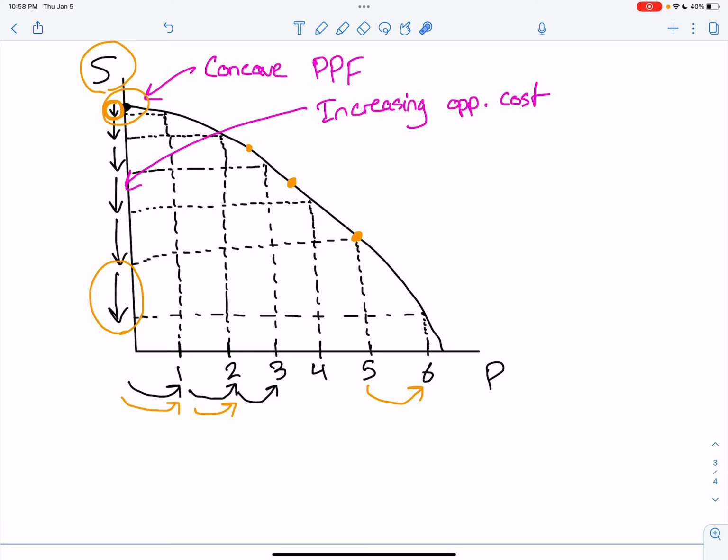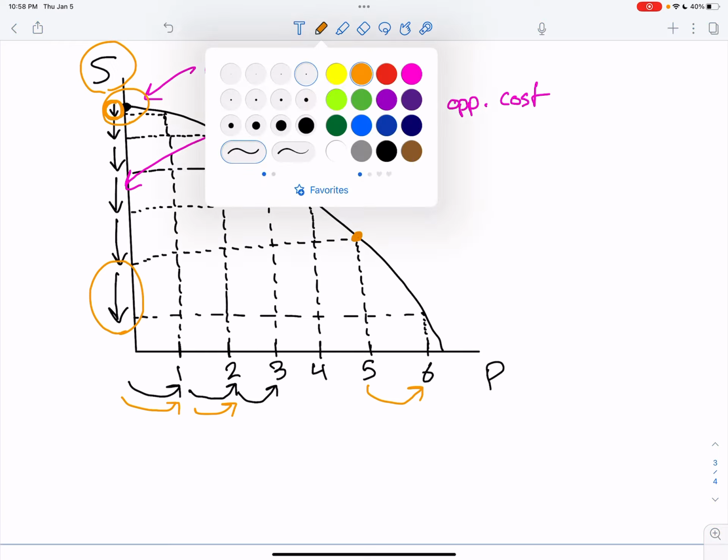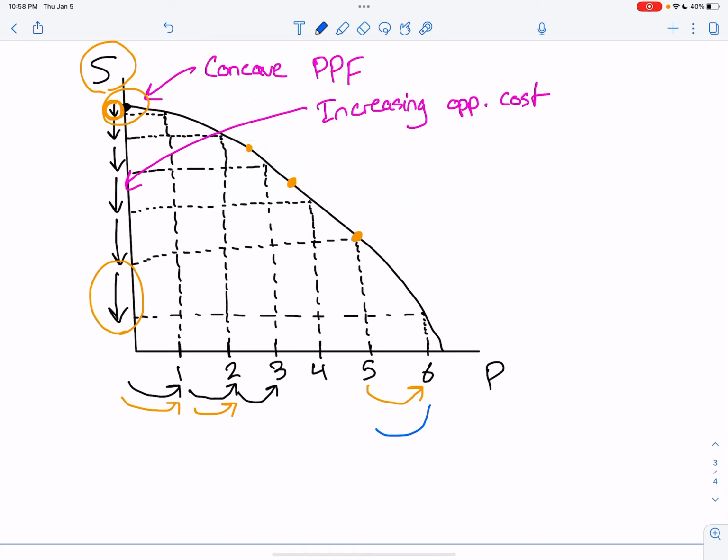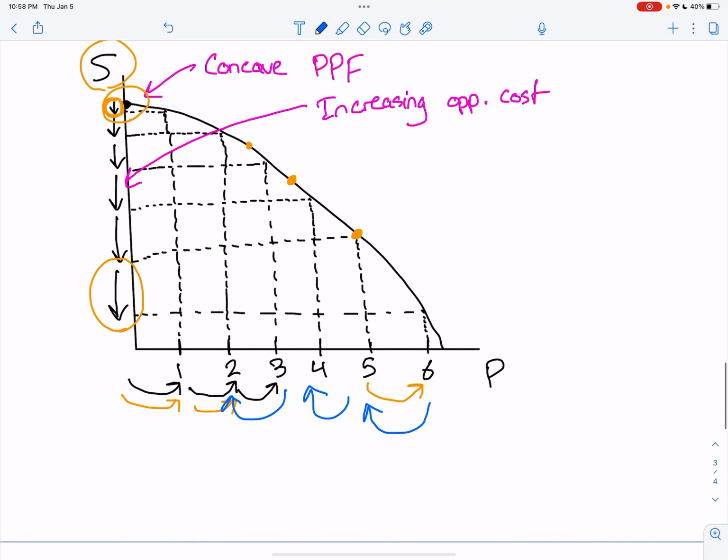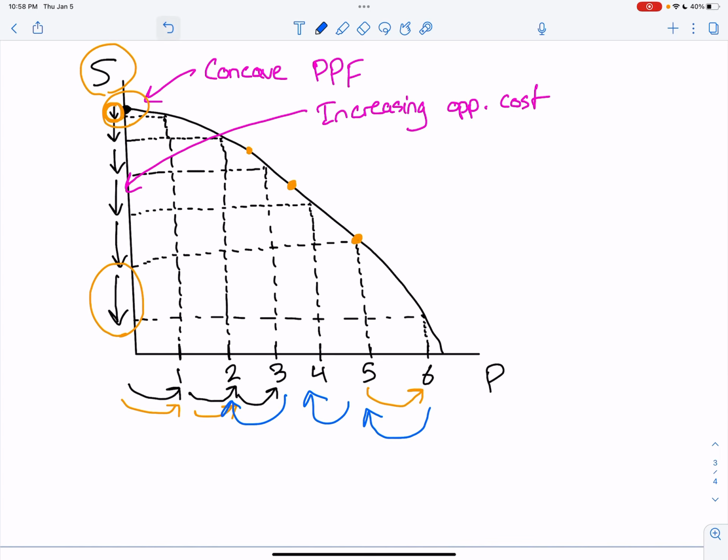And in fact, you can do the same thing the other way around. I encourage you to do this for yourself to prove to you that it's true. But as the society decides to give up parks and build more stadiums, okay? Sorry, that's not correct. That's not what I meant to say. As the society, let's say we started at this point here, all parks, no stadiums.